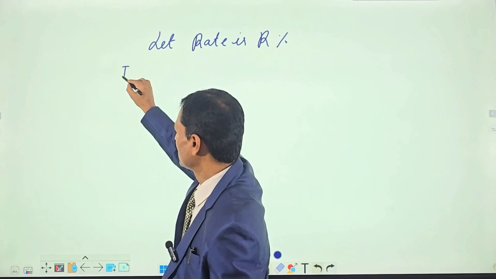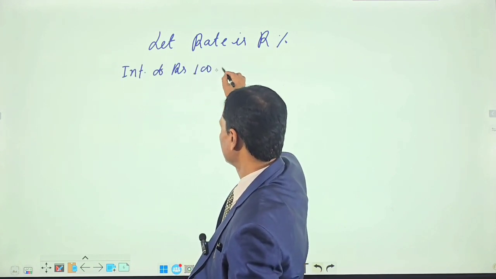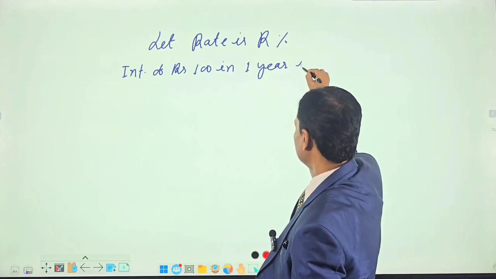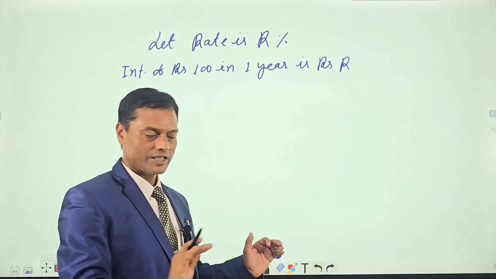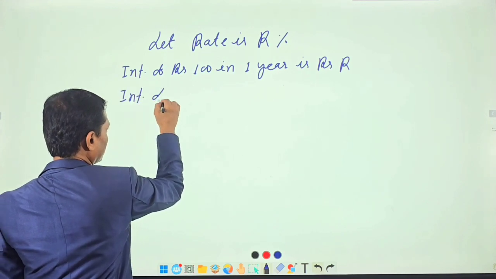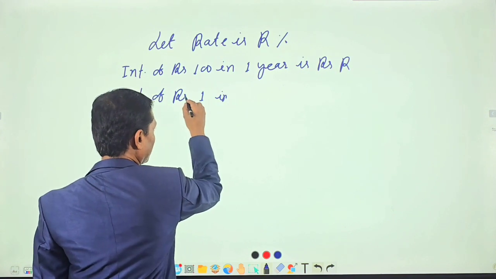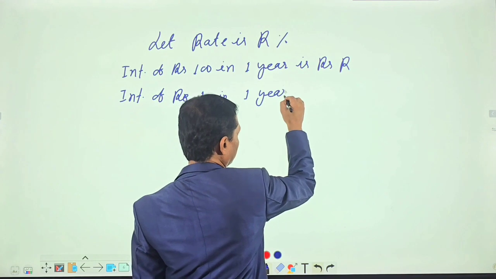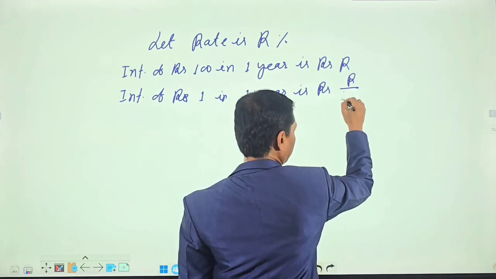It means the interest of rupees 100 in 1 year is rupees R. Yes, can you write? Definitely yes, we can write. After that, the interest of rupees 1 in 1 year is rupees R by 100.